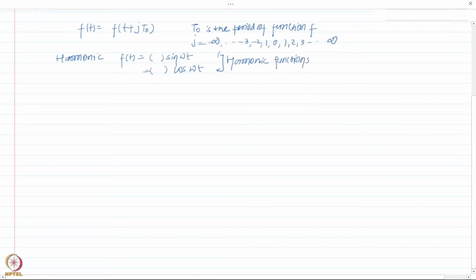As you would have noticed, all harmonic functions are periodic. However, not all periodic functions are harmonic. Now we will start with harmonic excitation.